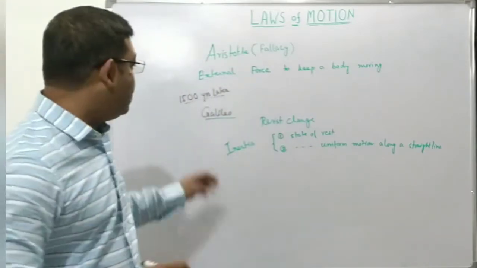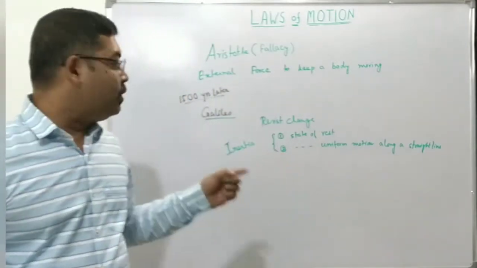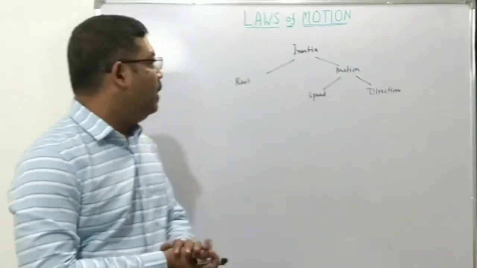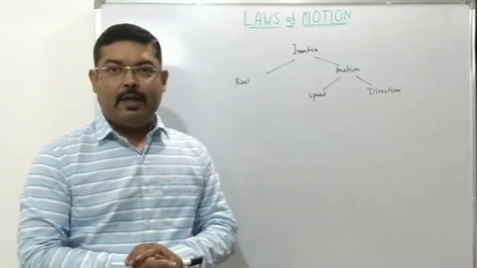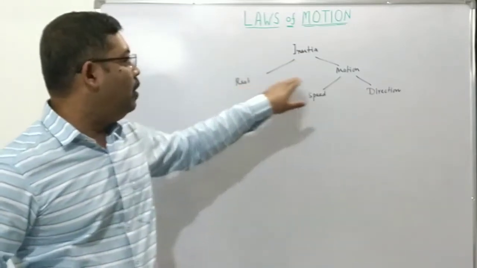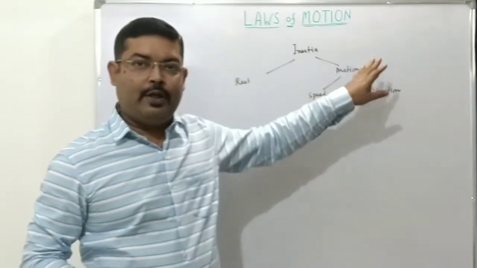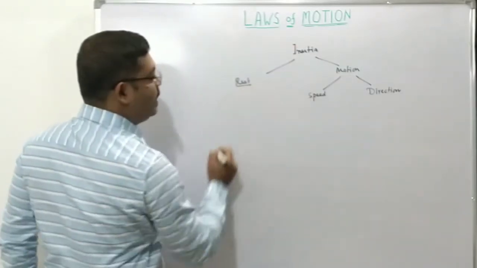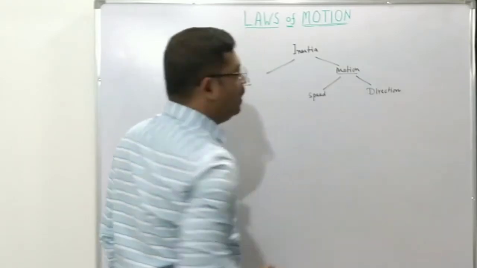So the law of inertia is one of the greatest contributions of Galileo to physics. Now we have defined inertia as the inherent property of an object to resist any change to its state of rest or motion along a straight line. So inertia can be divided into two parts: inertia of rest and inertia of motion.